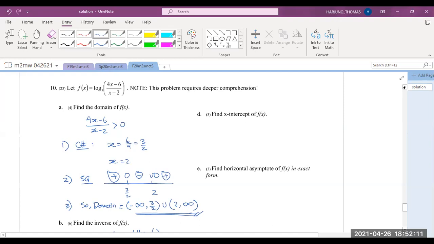How about the x-intercept of this function? Oh, we set y equal to 0. Log base 3 of (4x minus 6) over (x minus 2) is 0. But that is 3 to the 0, right? Which is 1.